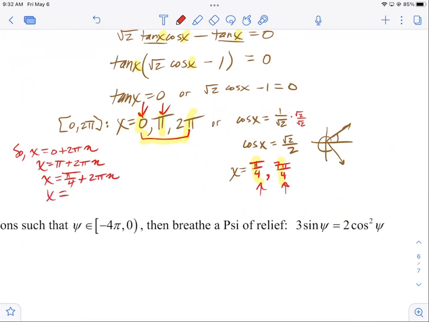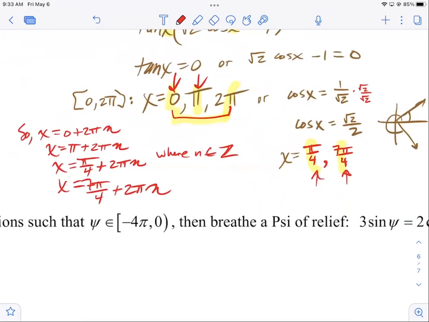And x is going to equal 7 pi fourths plus 2 pi n. And then we'll just say one time where n is an integer. All right, so we don't need to list the 2 pi because that's just coterminal with the first one. When n is 1, I get 2 pi.